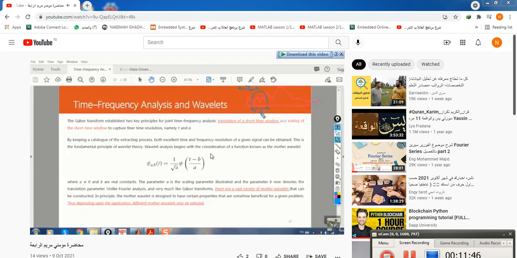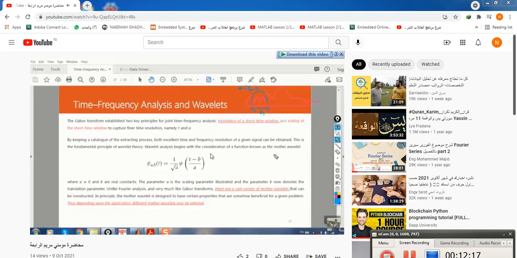Okay, if A changes, then the temporal resolution changes, and then it affects the frequency resolution. And in Gabor, always the shape of the window is like this, but we can have many other shapes for this window.